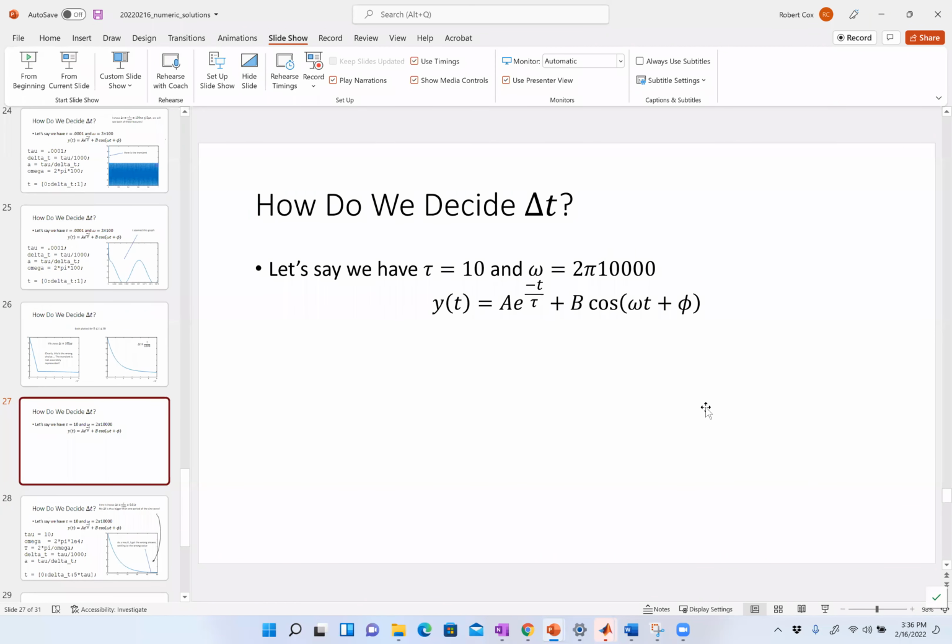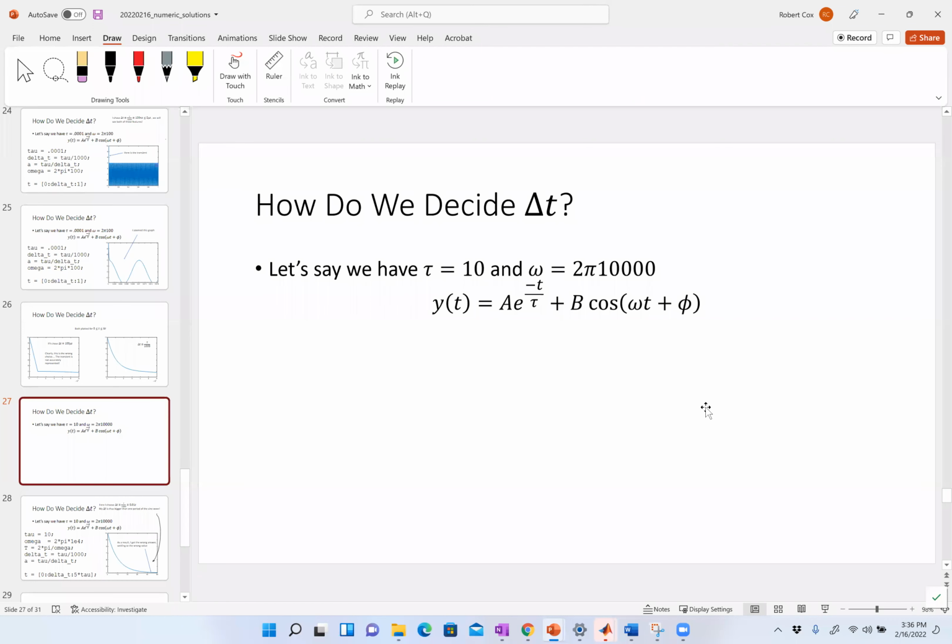Let's say I had this. Let's say I have tau equal to 10, and I have omega equal to 2 pi 10,000. Okay. What would I do here? So 5 tau is how long it takes this guy to die off. So what's 5 tau in this case? 50 seconds.